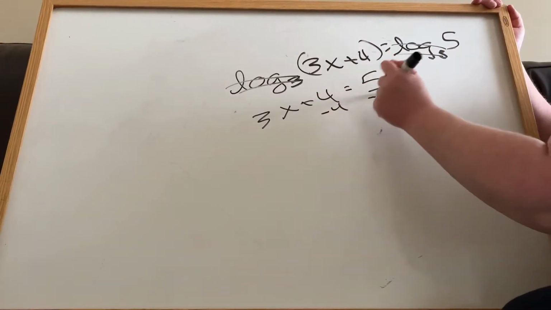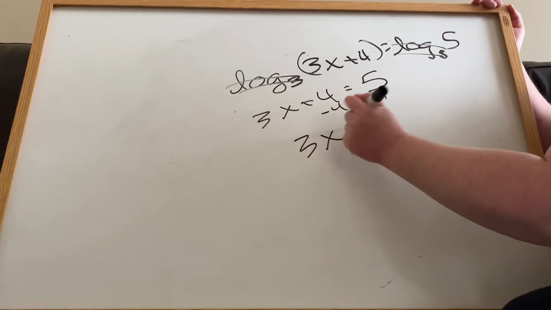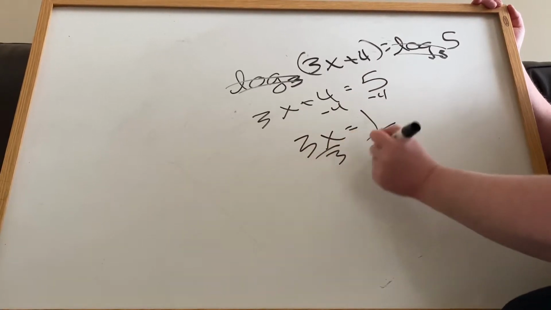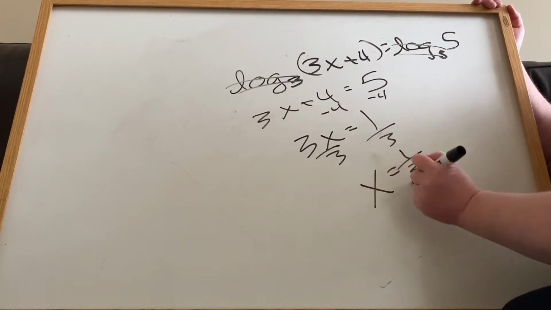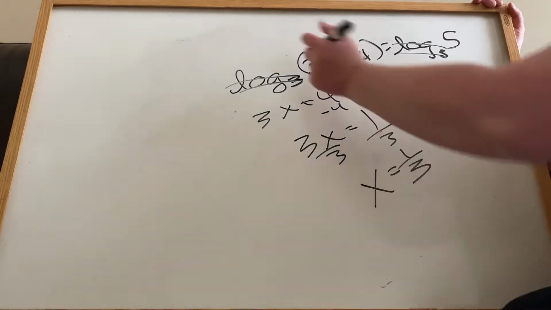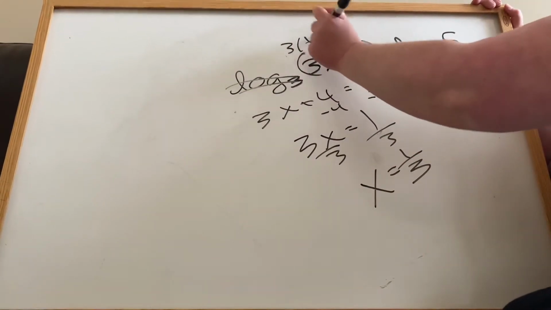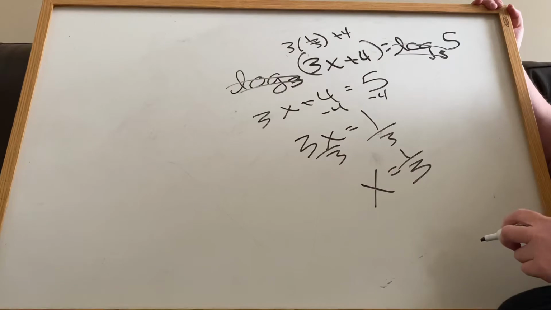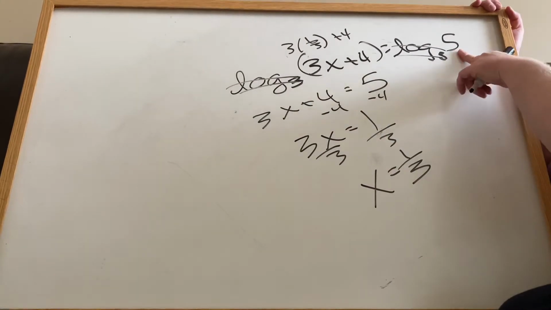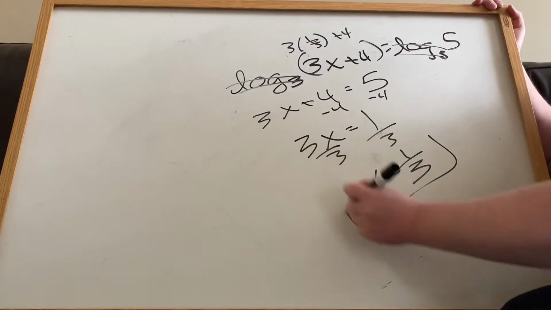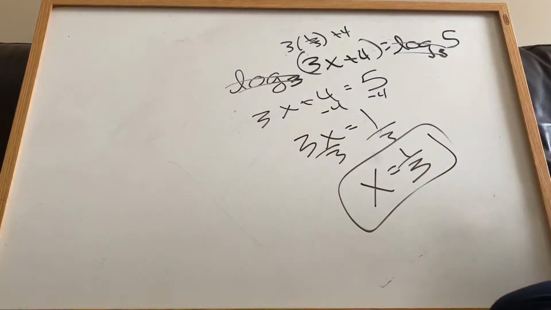You would subtract the 4, so then 3x is 1, divide by 3, x is a third, and check it. So you're doing 3 times 1/3 plus 4. That is a positive number, so it's not negative, nor is it 0. We don't have to plug it into 5 because 5 is already positive. And then that is your answer.